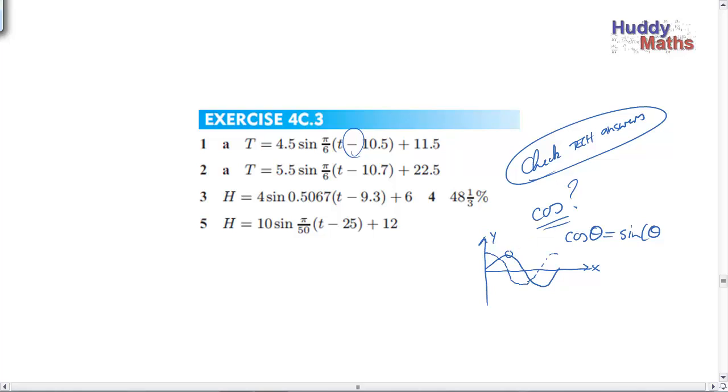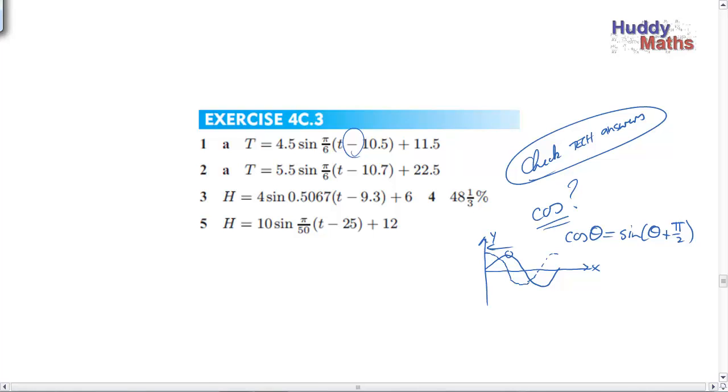Instead of peaking there, cos peaks back there. So it's a sine of theta plus pi on 2, if you like. Okay? So cos is actually only a translation of sine. So let's stay with sine and use modelling with that function, because the other one doesn't have anything more to offer. It's just a different translation of sine.